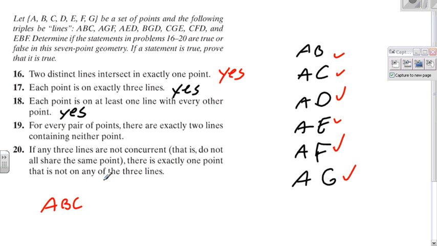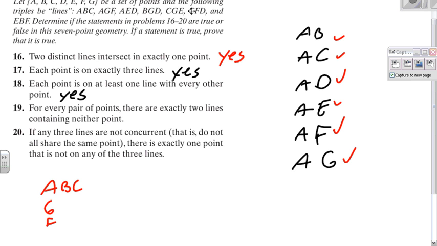They can't be ABC, AGF, and AED, because they're concurrent, they all intersect at A. But we could do ABC, AGF, and for example, we could then take CFD as our third line.